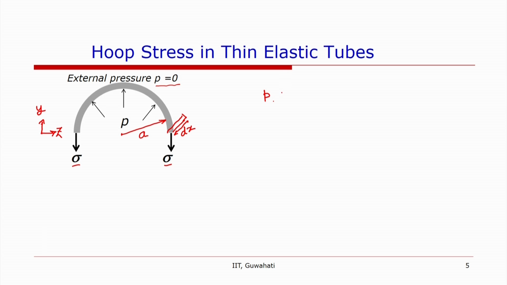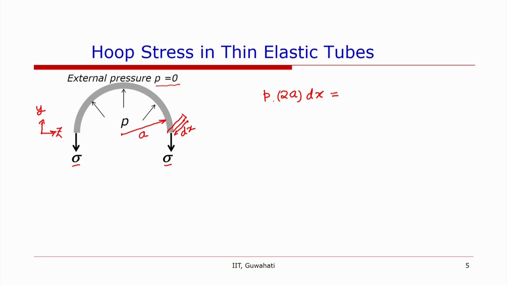That projected area of the tube in the y direction will be 2a, which is the diameter of the channel, multiplied by the length dx. So this projected area is a rectangular area, with width 2a and length dx, and the force exerted on it in the y direction will be P into 2a dx.